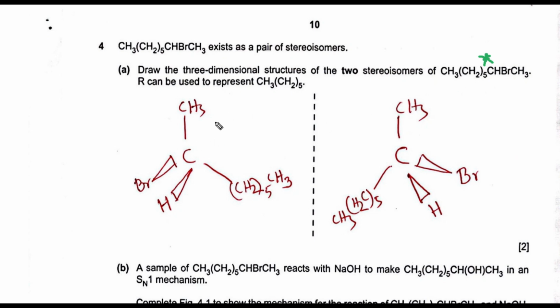So this chiral carbon has this CH3 group above, 1 bromine, 1 hydrogen, and 1 CH3CH2 whole 5.